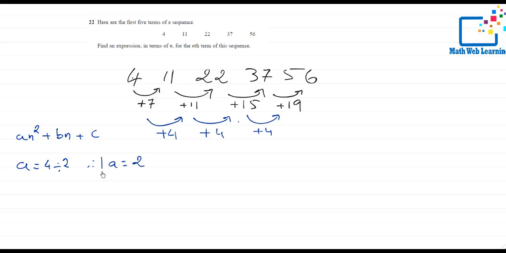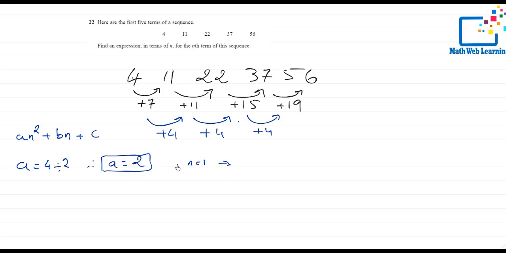Now the question is, how do I find b and c? Well, it's by just substitution, because n is the position of each term, and we know those terms. So let's say if n equals 1, we're going to plug it in here.